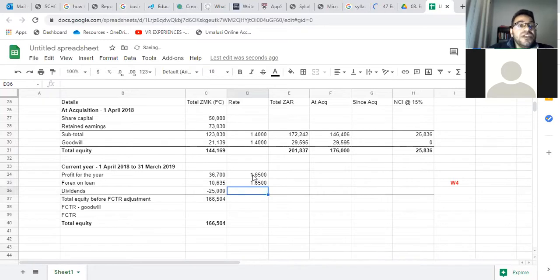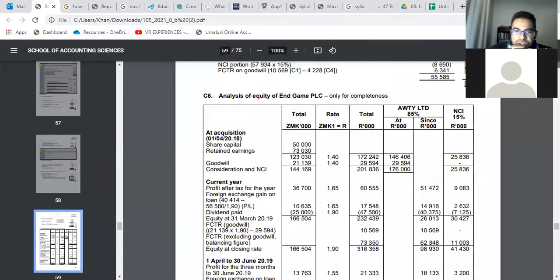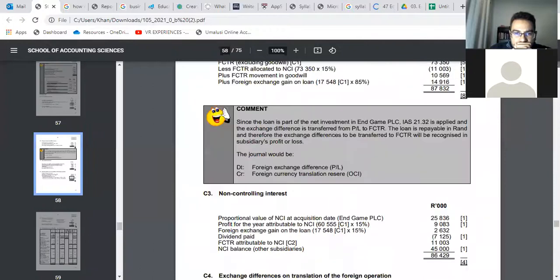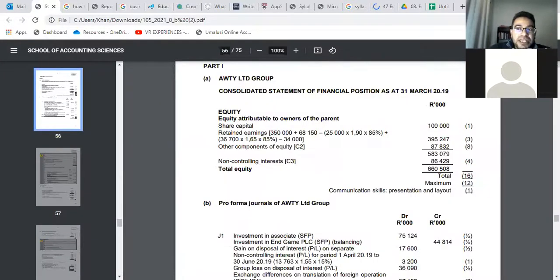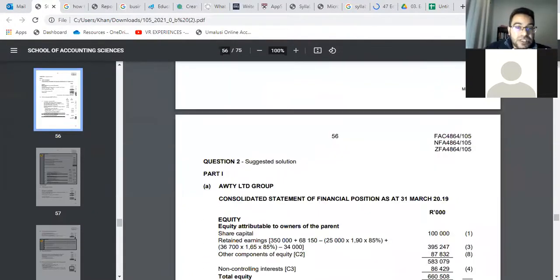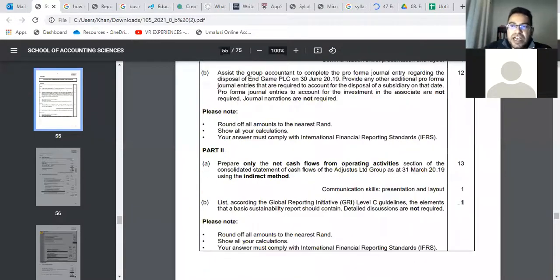Now, when it comes to dividends, the dividends must be translated on the date the dividends were declared. Now, the date that the dividends were declared was, let's go check quickly. So, very important, income statement: you just use the average. Technically speaking, you must use the transaction date, but we just use the average because it represents the entire year.